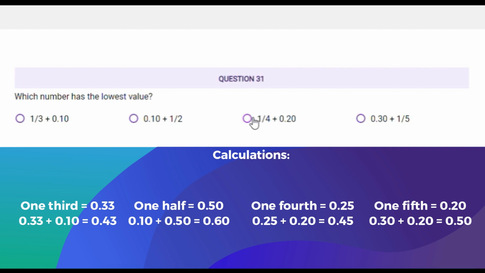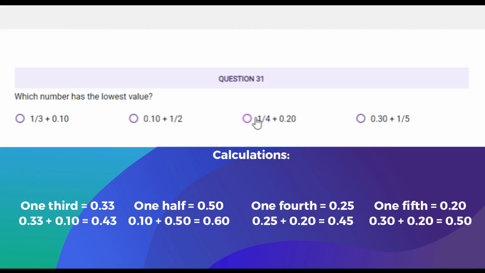Calculations. 1/3 equals 0.33. 0.33 plus 0.10 is equal to 0.43. 1/2 equals 0.50. 0.10 plus 0.50 is equal to 0.60. 1/4 equals 0.25. 0.25 plus 0.20 is equal to 0.45. 1/5 equals 0.20. 0.30 plus 0.20 is equal to 0.50.